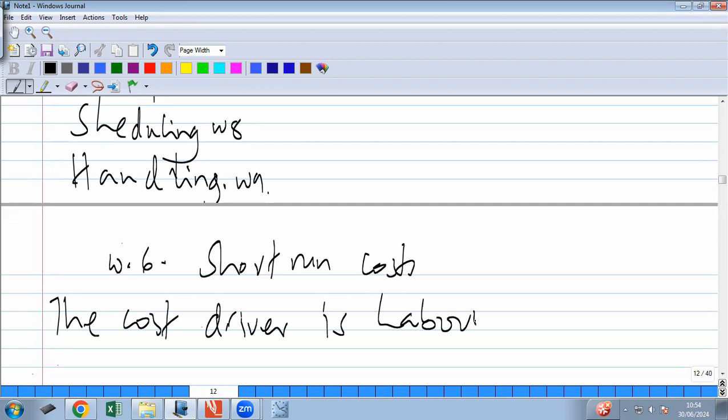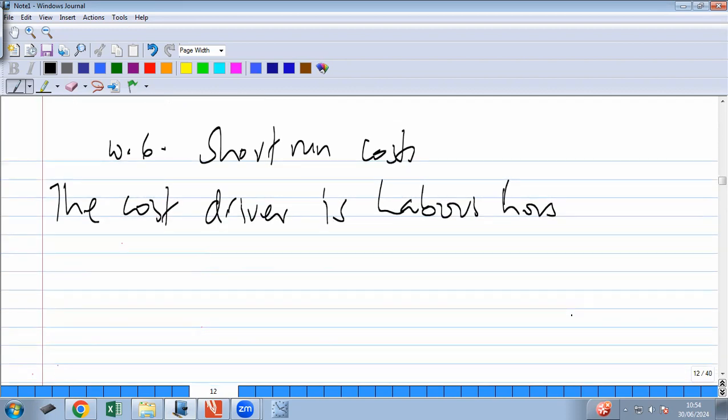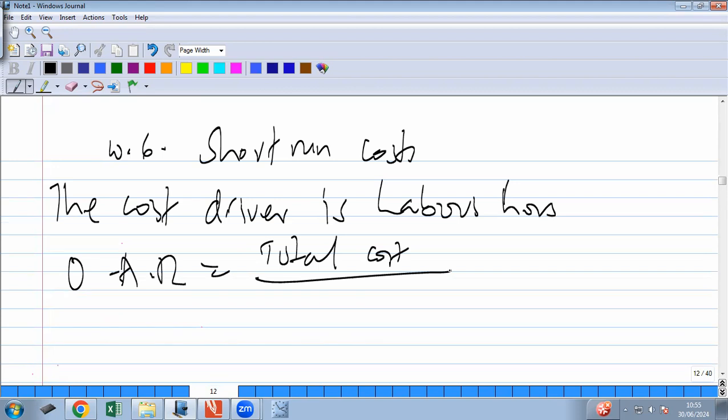Labor hours or machine hours, whatever you will take, right? Then if that is the case, then we know our overhead absorption rate equals the total cost over the activity level.